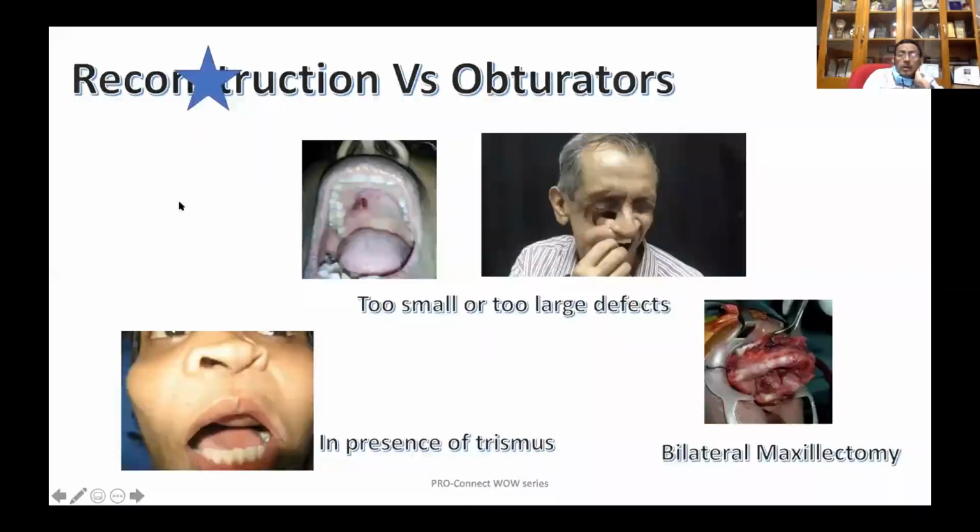Or a patient with trismus where you cannot fabricate the prosthesis or place it on a day-to-day basis, or a bilateral maxillectomy defect. So these will definitely be a priority indication for reconstruction, compared to obturation.